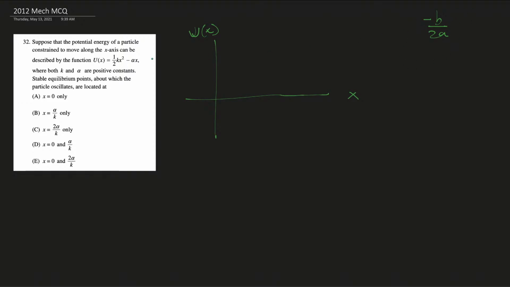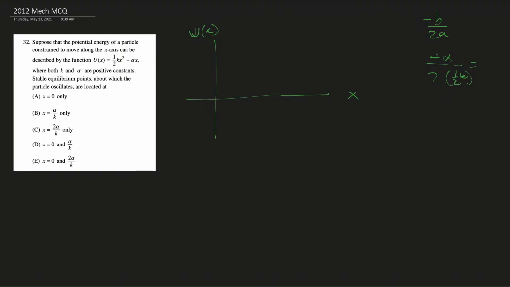That's where the axis of symmetry occurs on the x-axis. So if I just plug in my b, which is alpha, over 2 times a, well, the a here is 1/2 k.